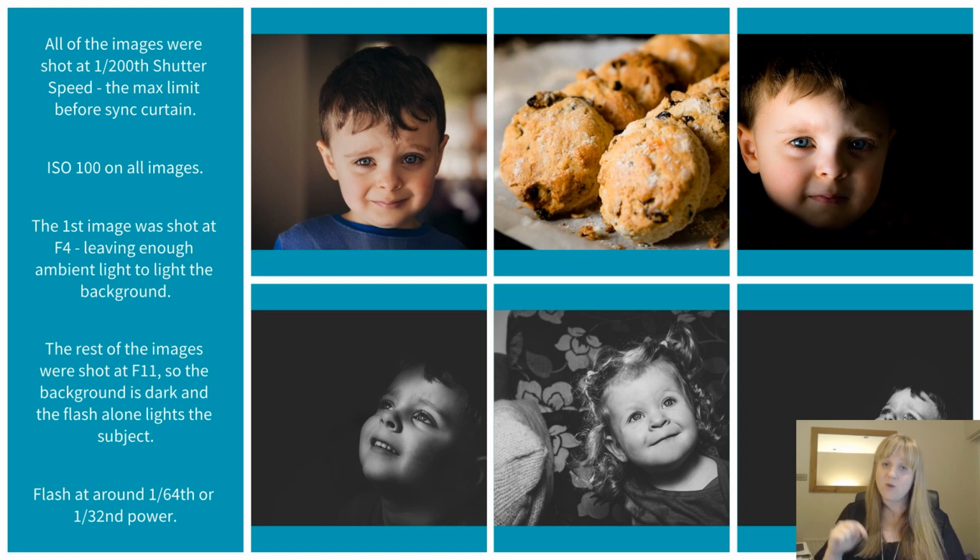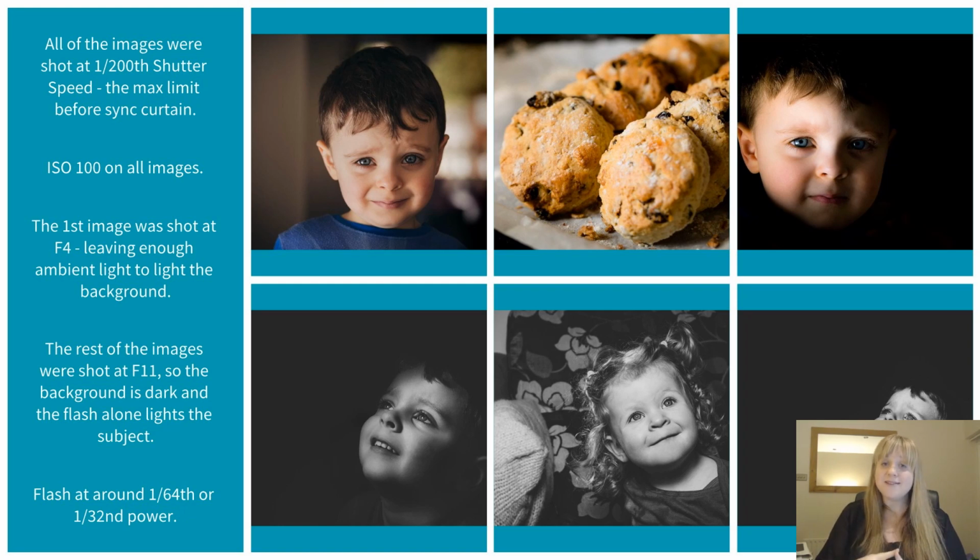So by keeping it at 1/200th of a second or below, I'm not going to end up with a sync curtain, which is a black line that appears on your image. You can get some speed lights and strobes that are high speed sync, which means you can go higher than 1/200th of a second, but with mine, it's standard, so it's 1/200th.